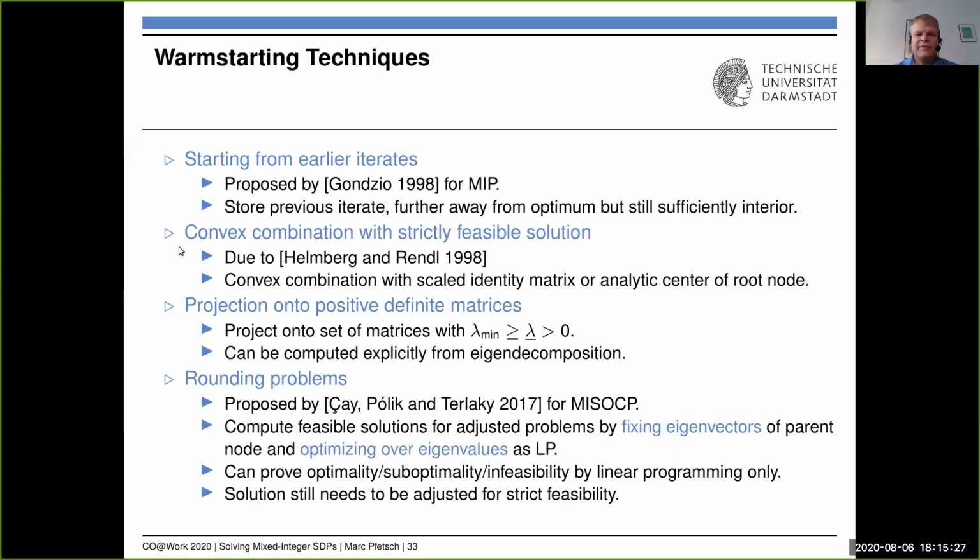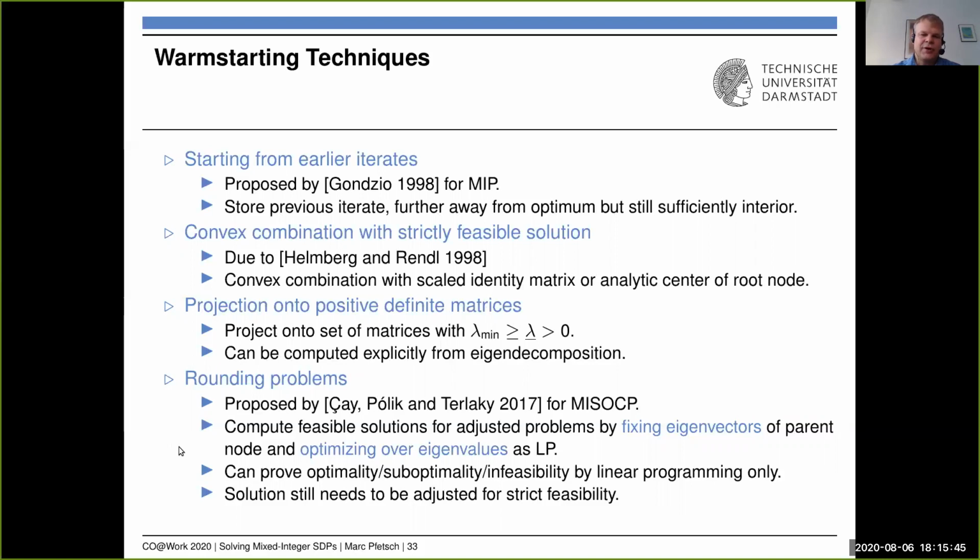Or we can take a convex combination with a strictly feasible solution, or we can project onto the positive definite matrices. This can be explicitly computed by an eigendecomposition method, or we can round.